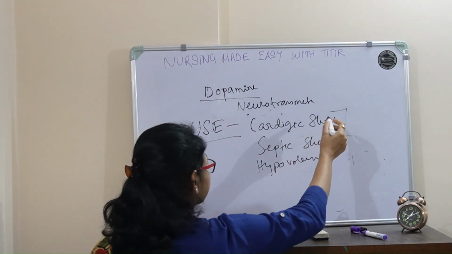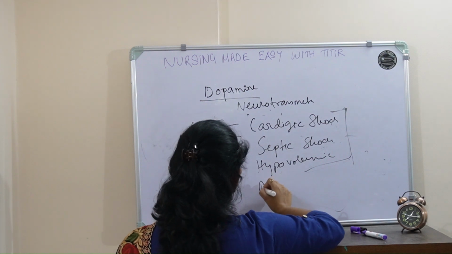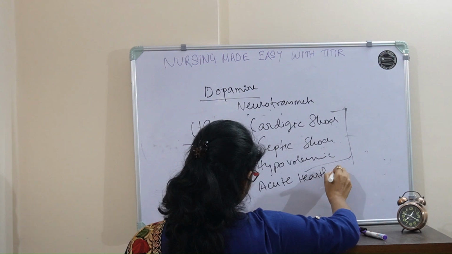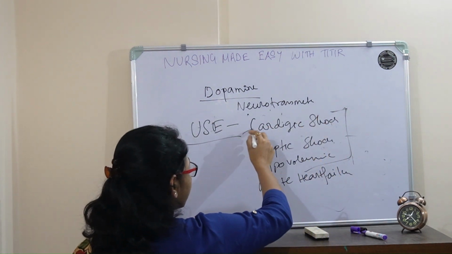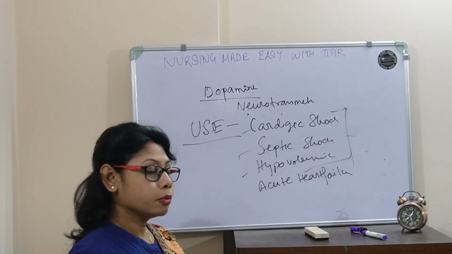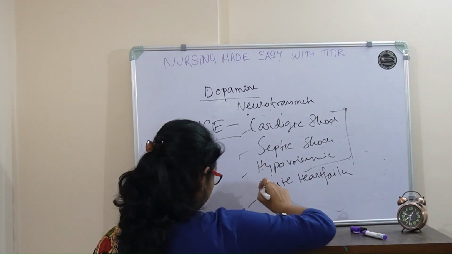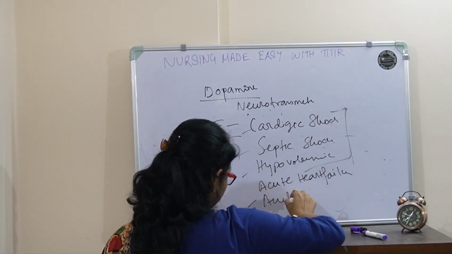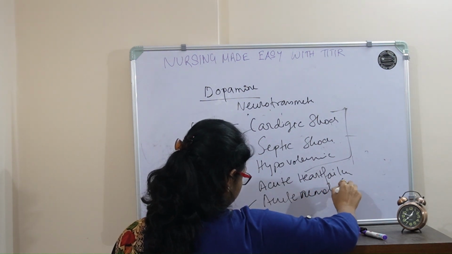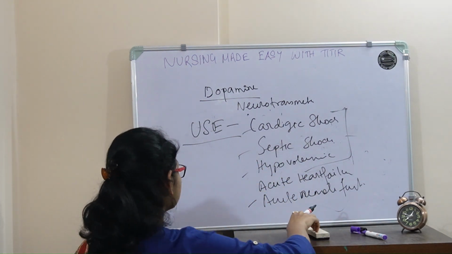That is why we use dopamine to treat these cases, and acute heart failure also. In such cases, if there is acute renal failure, to improve the urine output, we will use this drug also.